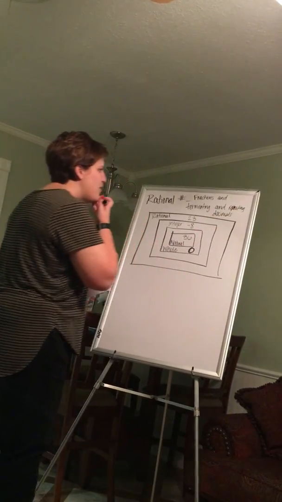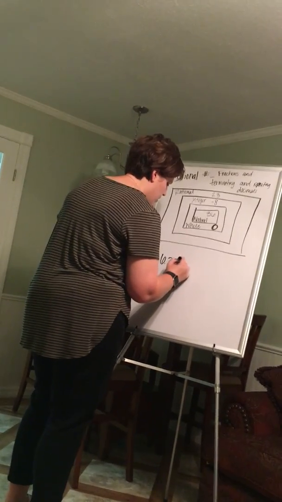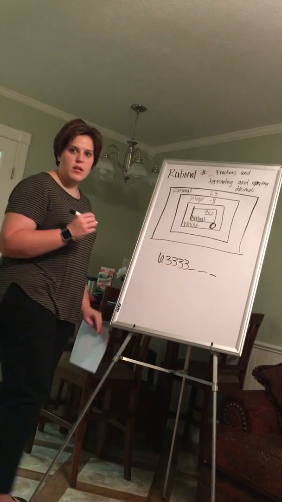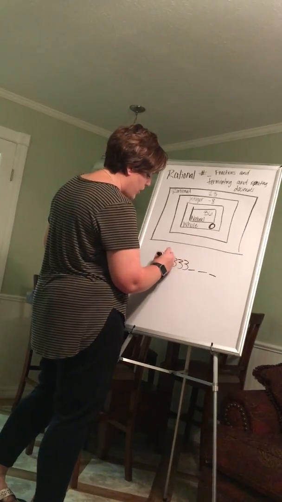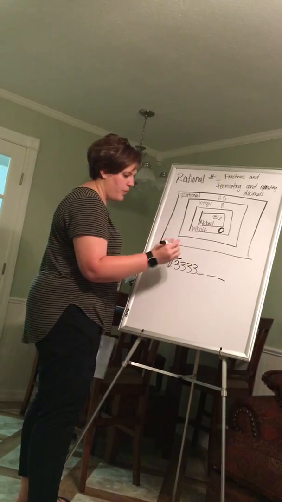So, have you ever seen a decimal that looks like this, and it goes on and on and on with threes? And then have you ever seen somebody say, okay, well that's repeating, so we're going to put a little hat on it. Okay, so that falls under rational.